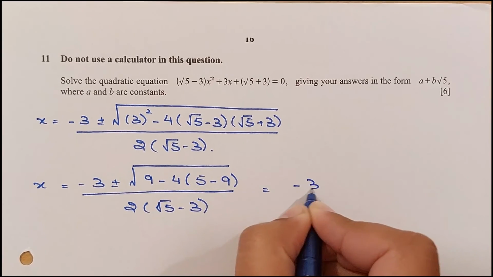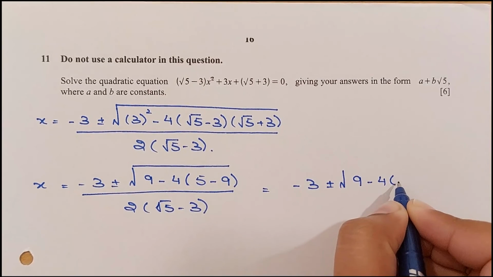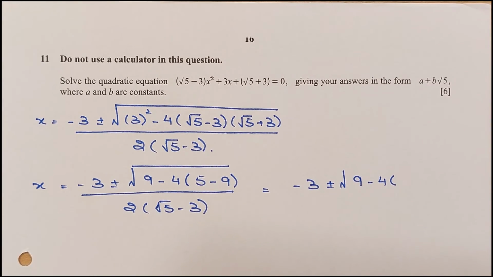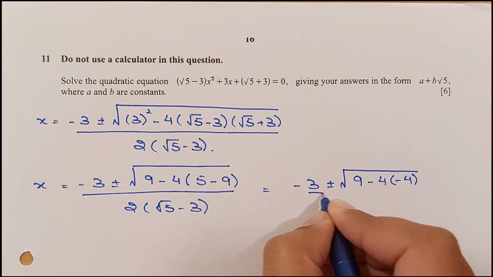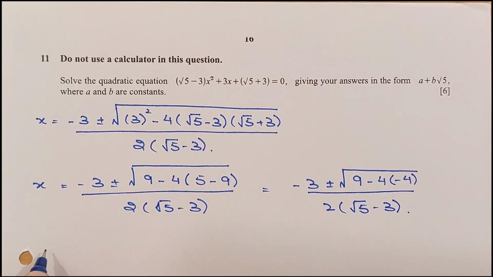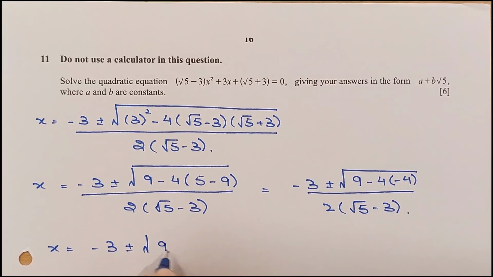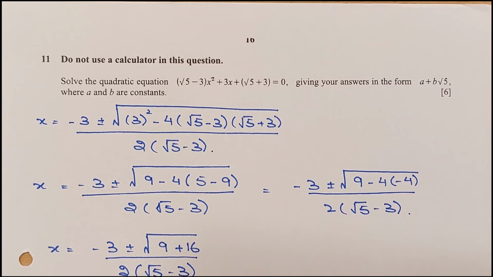So from here, minus 3 plus minus square root of 9 minus 4 times 9 take away 5, 6, 7, 8, 9, negative 4, divided by 2 times square root of 5 minus 3, right? x is equal to minus 3 plus minus square root of 9, negative times negative is positive, 4 times 4 is 16, divided by 2 square root of 5 minus 3. 16 plus 9: 16, 17, 18, 19, 20, 21, 22, 23, 24, 25.